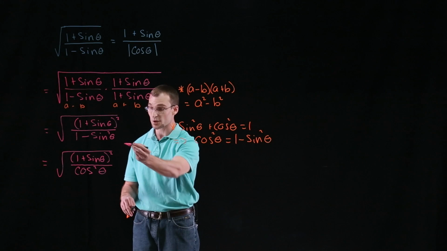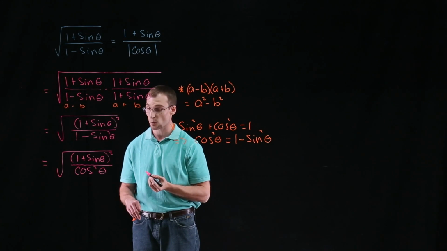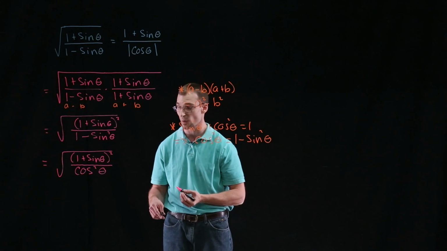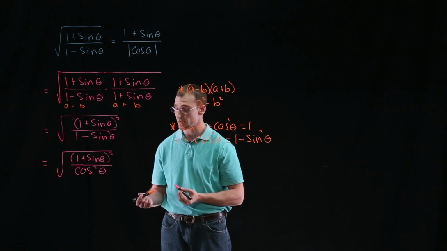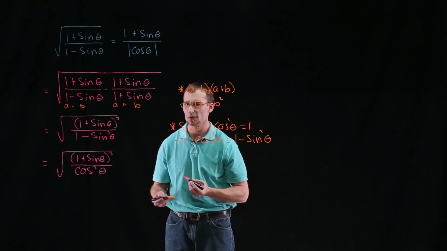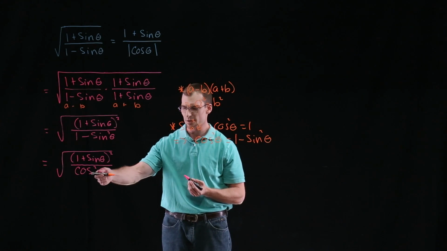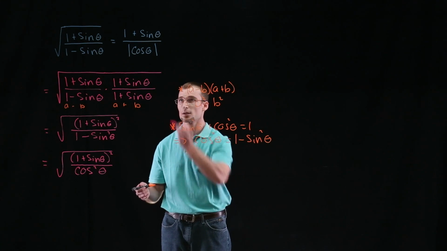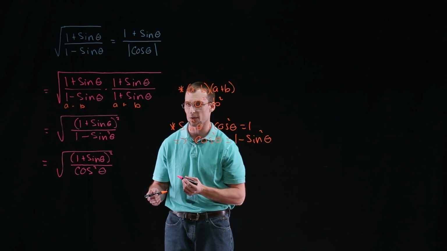Okay. So now we have the square root of 1 plus sine theta quantity squared divided by cosine squared theta. As we've been saying, taking the square root of a square, we know that's going to give us 1 plus sine theta. But if we take the square root of cosine squared, why don't we just get cosine theta? Where's this absolute value coming from?